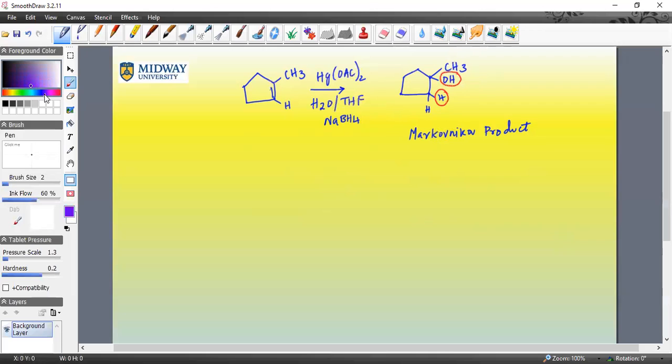Okay, so let's go back and look at the actual mechanism. If you remember, this is very, very similar to when we looked at our bromohydrin formation, or bromonium ion formation, sorry. So say this is your starting material, and this reacts with, instead of writing it this way, I'm going to write it this way.